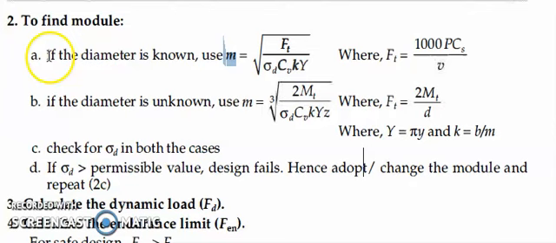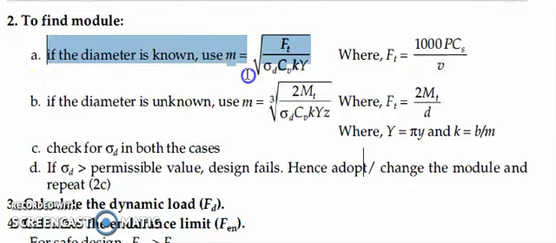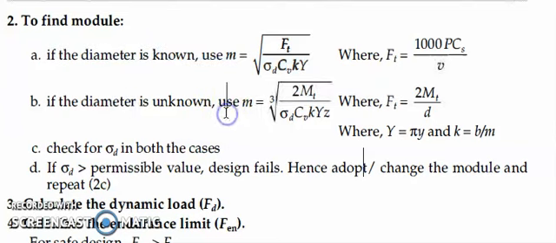If the diameter is known we use one equation, and if the diameter is unknown we use the other equation. So cases A and B are used according to whether the diameter is known or unknown. The third section, C, is to check for sigma d in both cases.